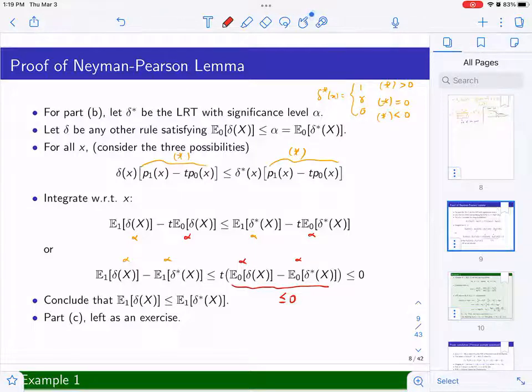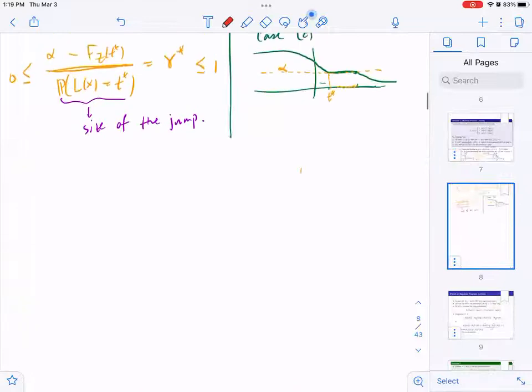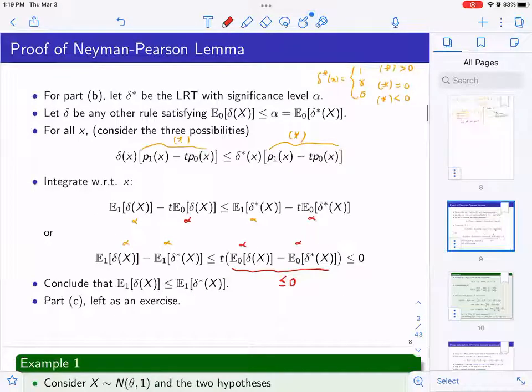But it would be nice to be able to argue what exactly happens. But this is the proof, okay? Very simple and very general. I don't think there is an assumption that P1 and P2 have to be absolutely continuous with respect to each other. They're just absolutely continuous with respect to some underlying measure, so that we have these densities.